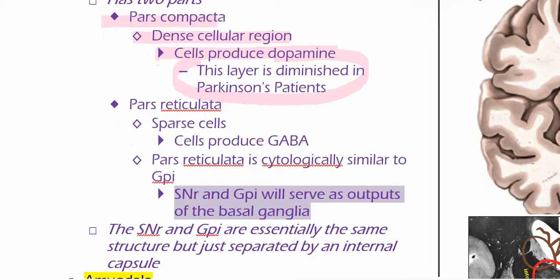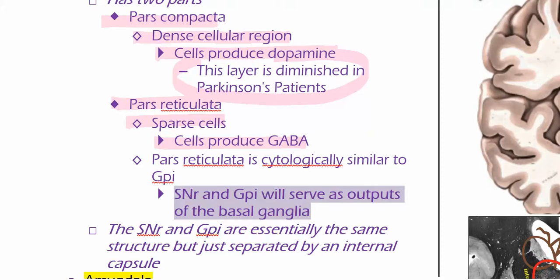All right, so then for pars reticulata, the cells are sparse, they're producing GABA. And now if the pars reticulata is producing GABA, what do you think it will do to whatever it's synapsing onto? Inhibit. It's going to inhibit it. So we have the striatum connecting to what?